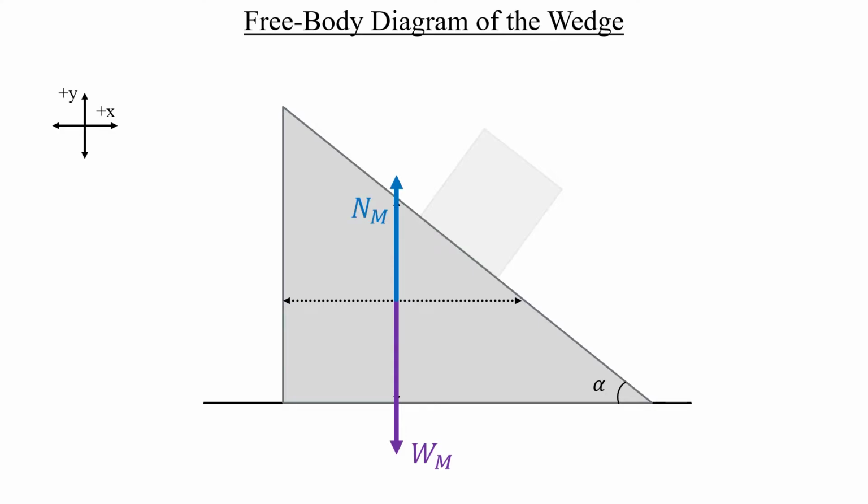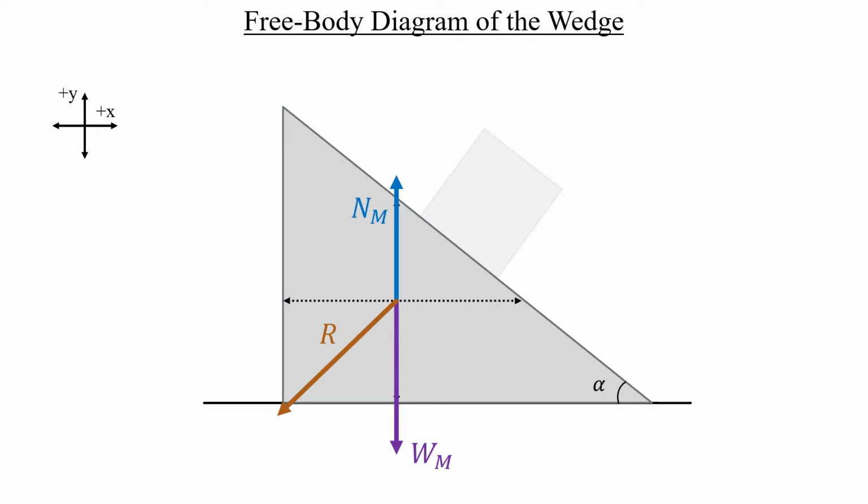These will be equal in length and opposite in direction, since the wedge will only move sideways.